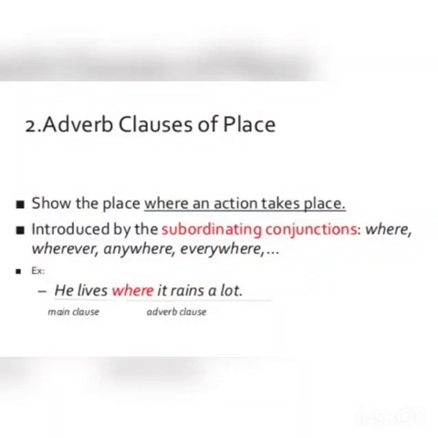Let us move to the next one, adverb clause of place. Adverb clause of place shows the place where the action takes place, answering the question where. It is introduced by subordinating conjunction like where, wherever, anywhere, everywhere, etc. Let us see an example.